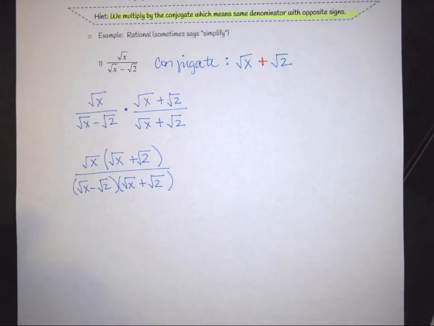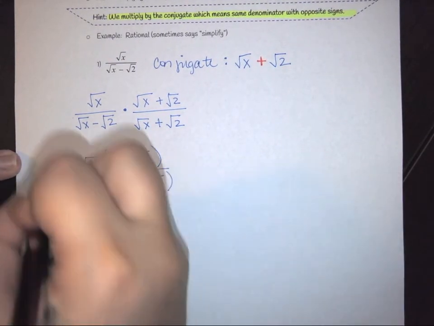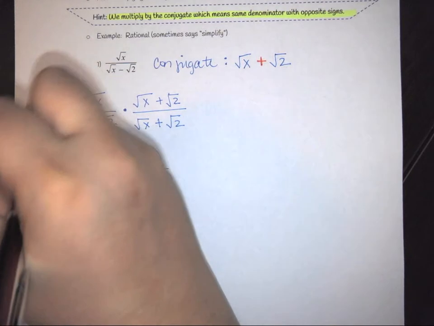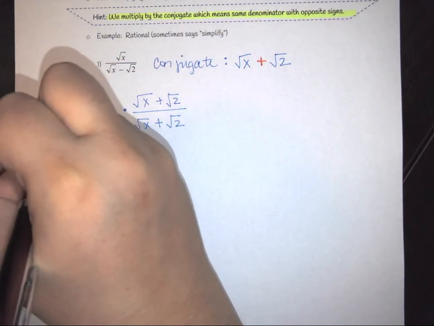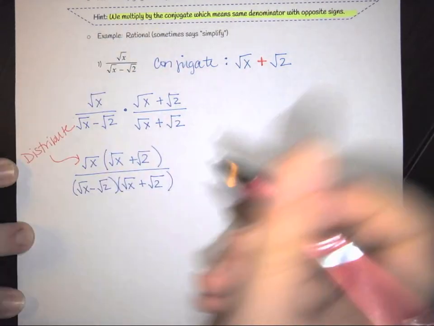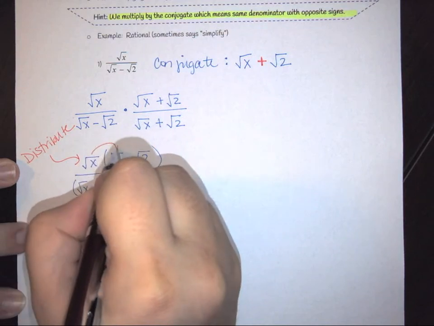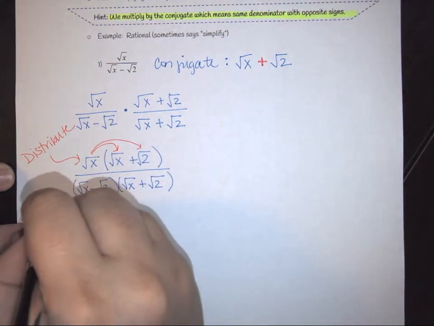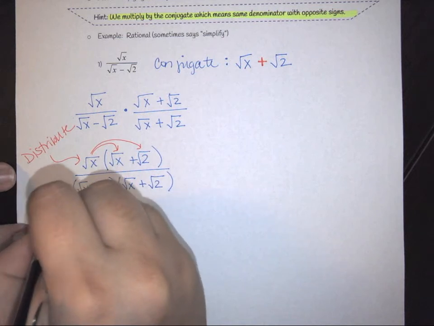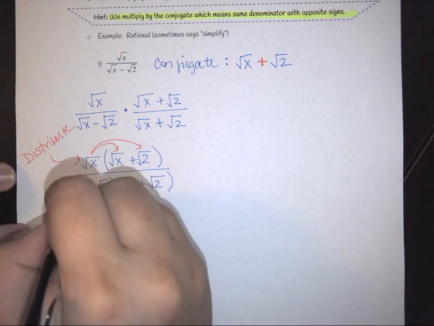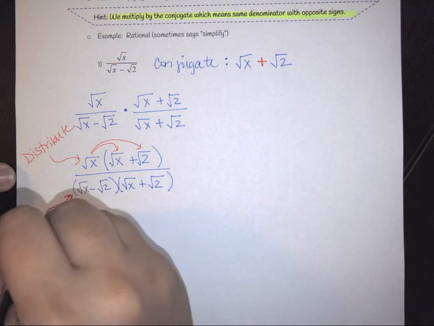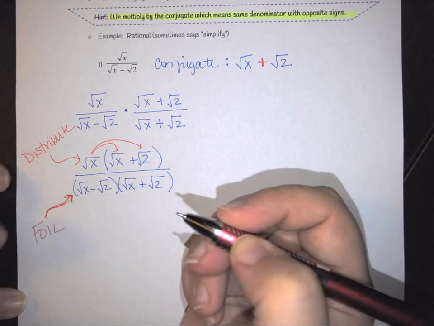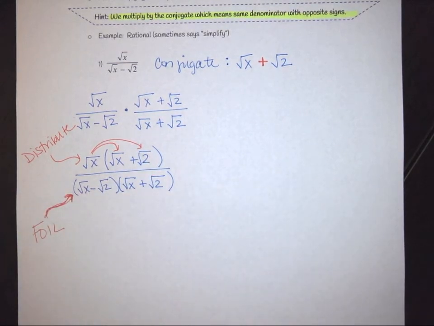Now, when we're talking about the top here, we are talking about distributing. So we have to take this square root of x and multiply it into both sides. When we talk about the bottom here, we are talking about foiling: first, outer, inner, last.